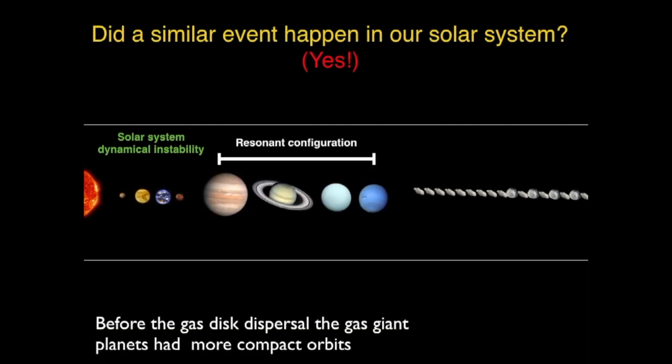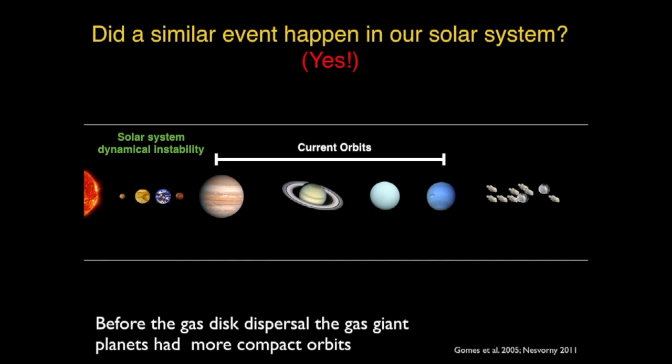And then the interaction of these bodies with the primordial Kuiper belt, and even with the terrestrial planets or the building blocks of the terrestrial planets, takes them through a phase of stability, and then boom, they reach their current orbits. They start in a very compact configuration with very circular, or almost circular, orbits, and then they evolve to a more eccentric one.